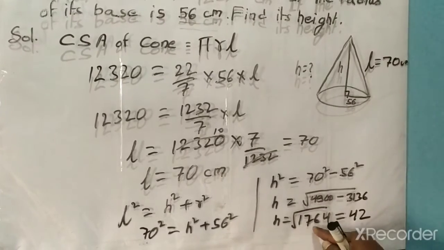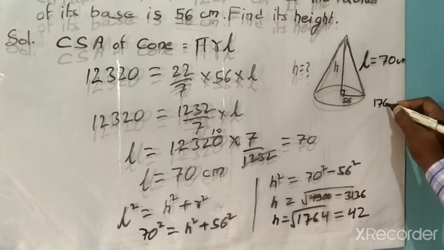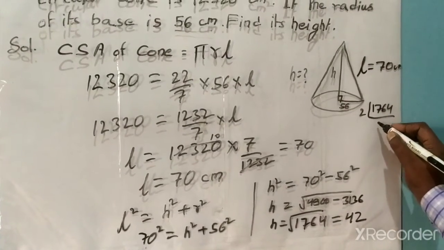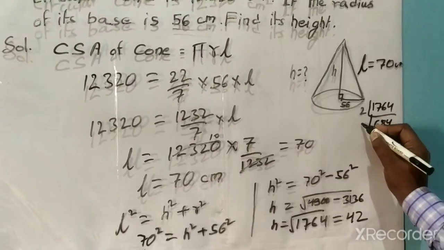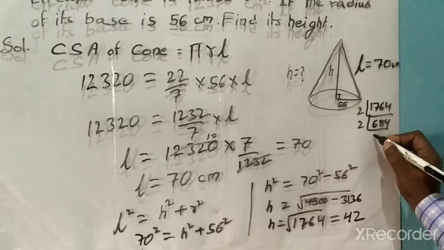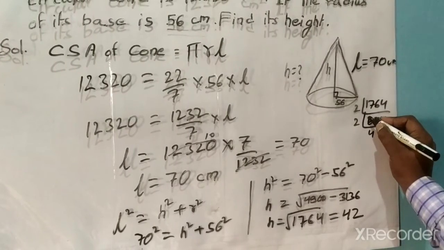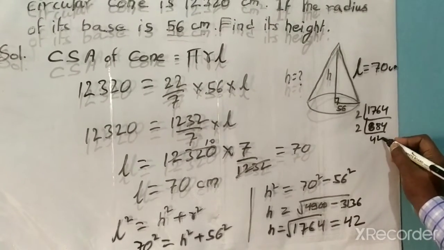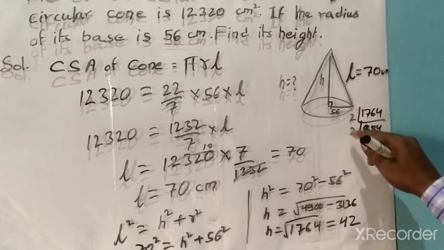How will we solve this? We will find the factors of 1764 like this. Divide by 2, we get 882, again by 2 we get 441.